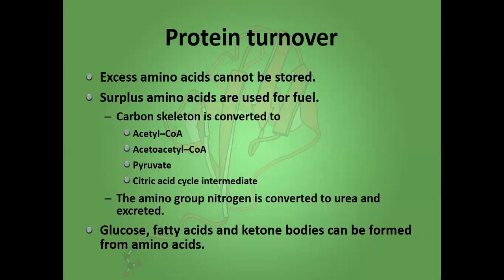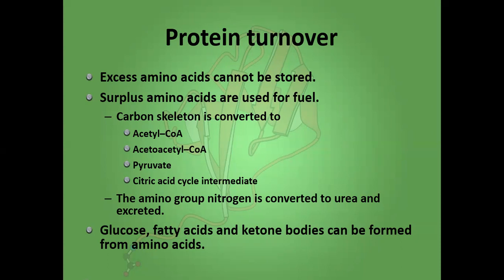So excess amino acids cannot be stored. Surplus amino acids are used as fuel. That is, their carbon skeleton, we told you, is converted into pyruvate, or into an intermediate of the citric acid cycle, and then they take part in the formation of glucose or glycogen.